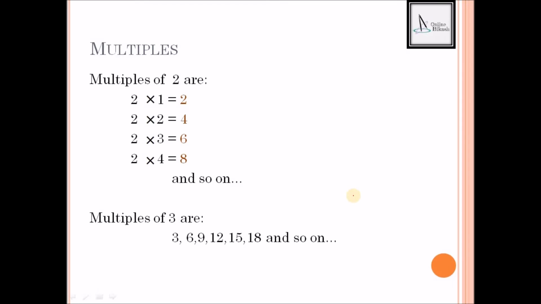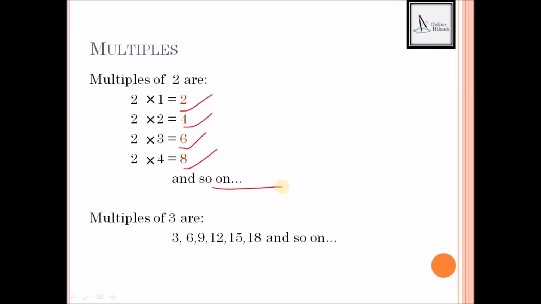So this 2 is a multiple, this 4 is a multiple of 2, this 6 is a multiple of 2, and 8 is also a multiple of 2, and so on. It will never end. Okay, 2 5s are 10, 2 6s are 12, after that 14, after that 16, after that 18, after that 20, all will be multiples of 2.